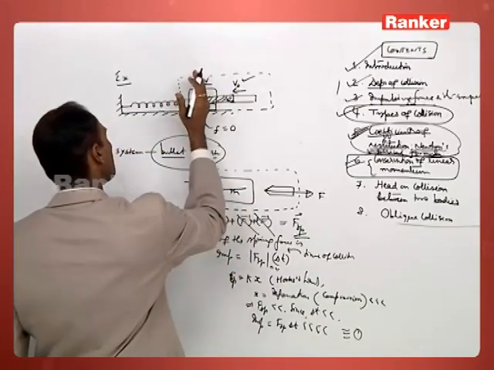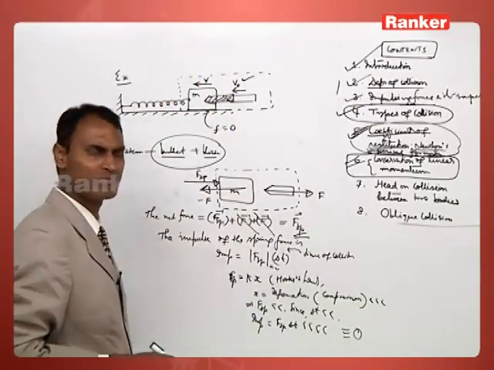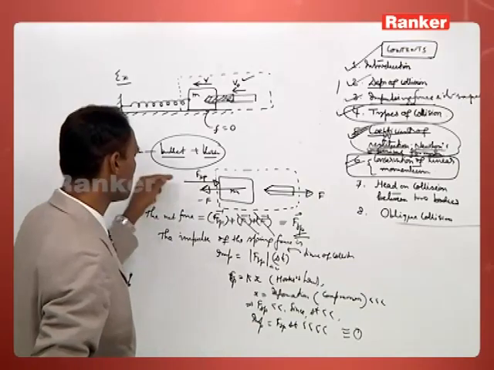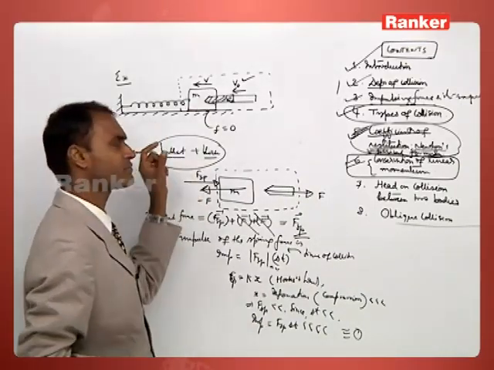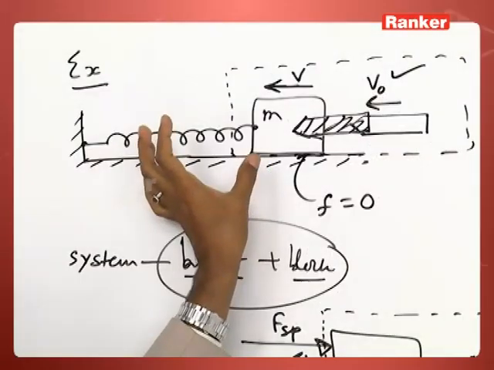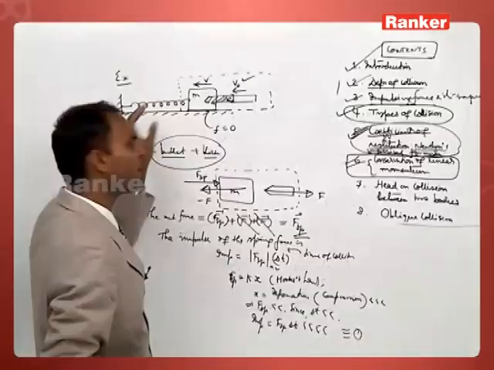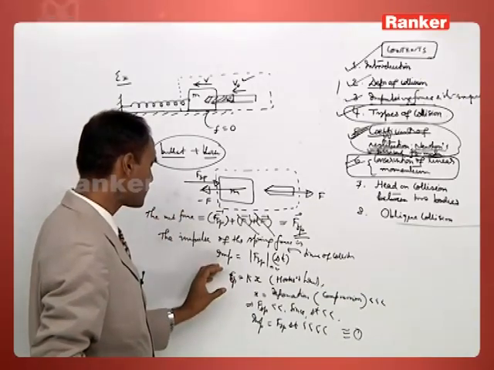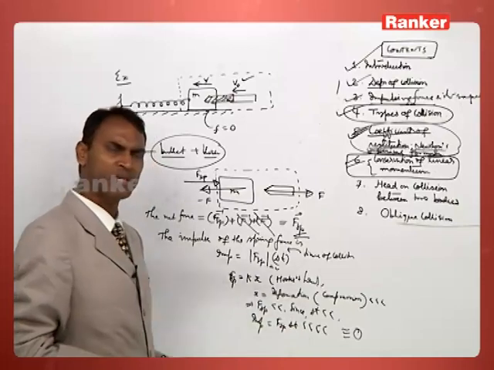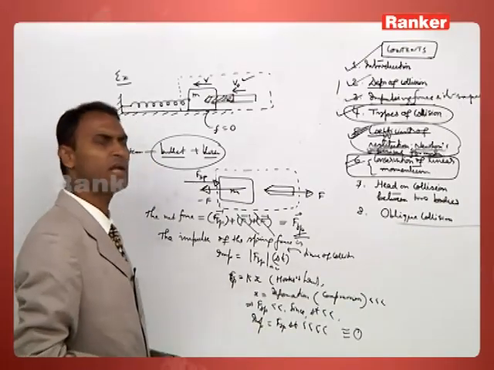The spring will be compressed more and more. Therefore, the spring force will be more and more, and the time of interaction of the system with the spring will be more and more. Therefore, the spring force into the time of interaction will be a great quantity.